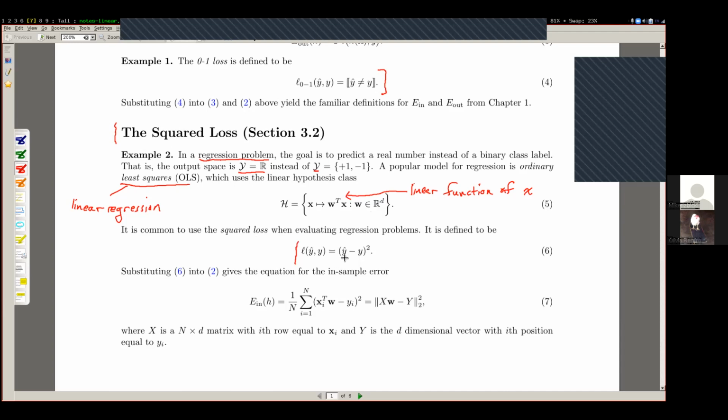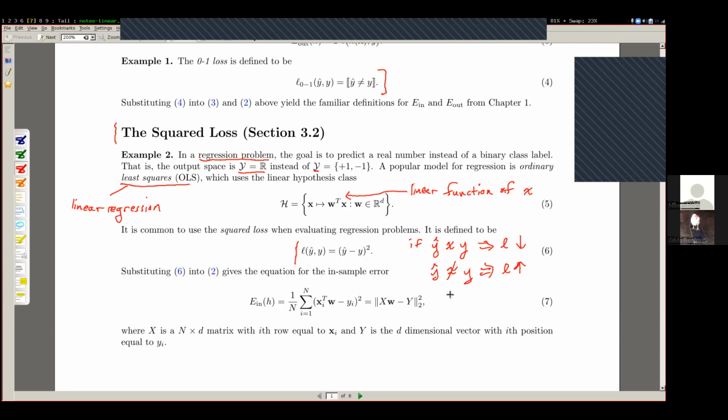The idea is that if our prediction, y hat, is close to y, so y hat approximately equals y, then our loss will be small. But if they're far apart, so y hat is not approximately equal to y, then the loss will be large.